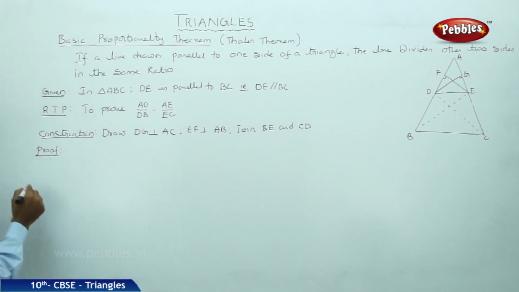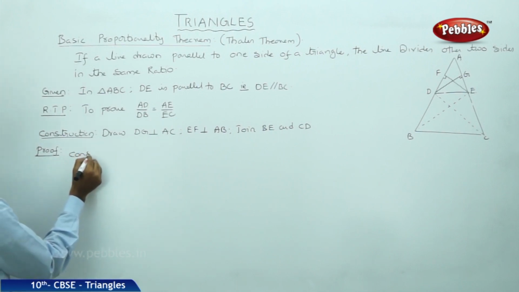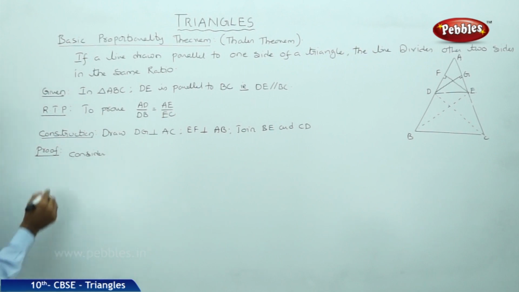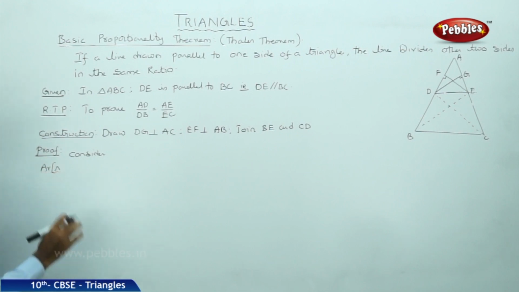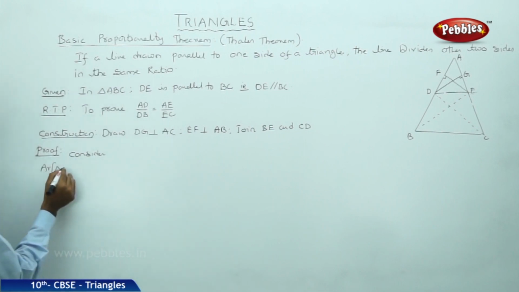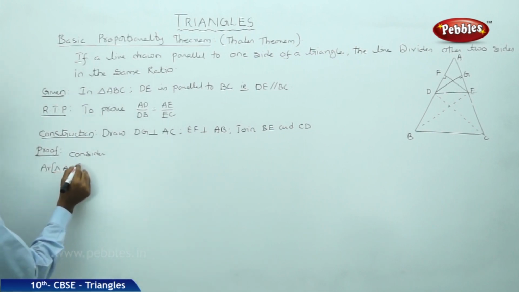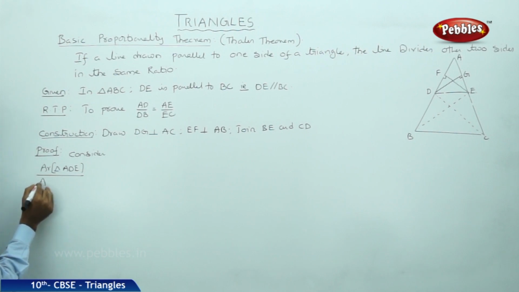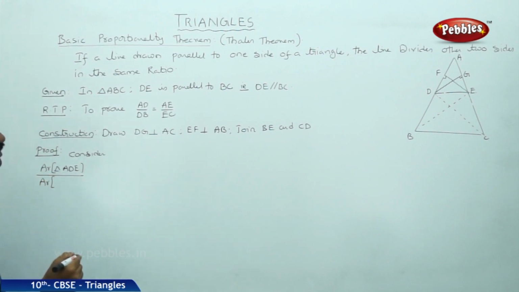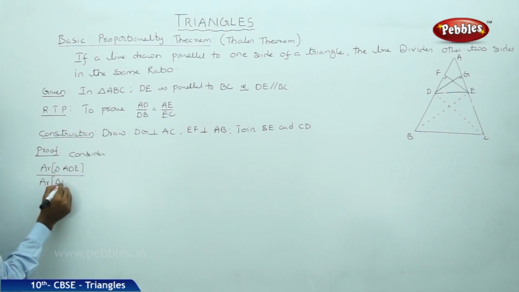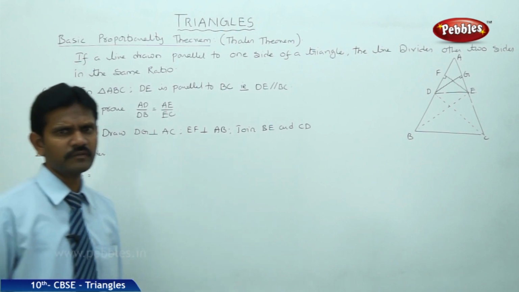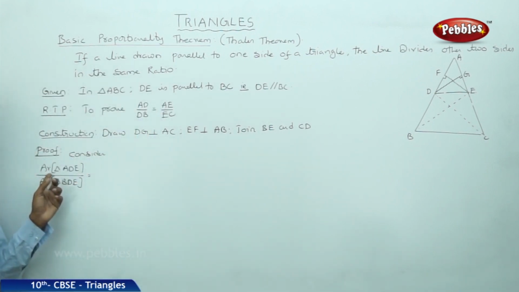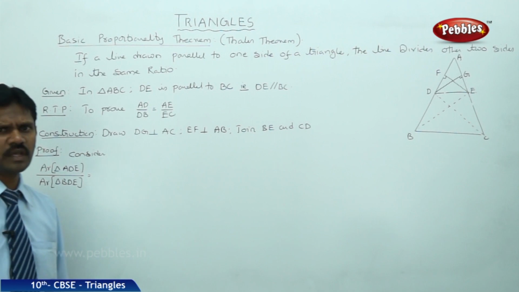Now, proof. Consider area of triangle ADE by area of triangle BDE. We have to find out the area of these. Area of a triangle we know very well, that is half into base into height.